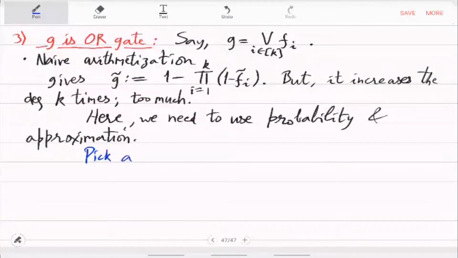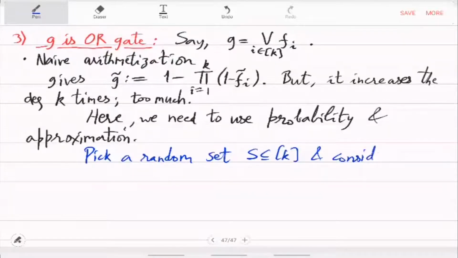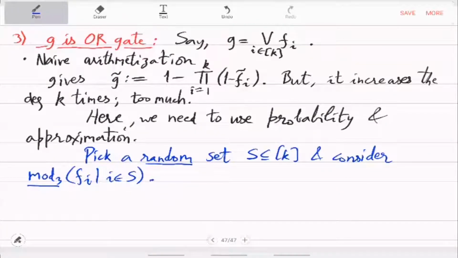So pick a random set S and consider mod 3. Okay, so it's actually mod 3 that we are looking at.